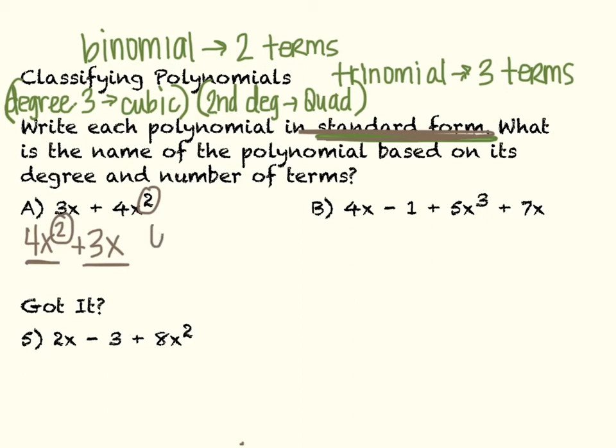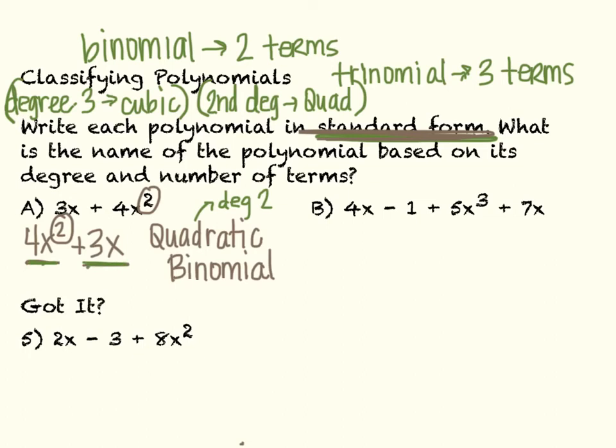So it's going to be a quadratic binomial. Why was it quadratic? Because it was degree 2. And it's a binomial because there's 2 terms.